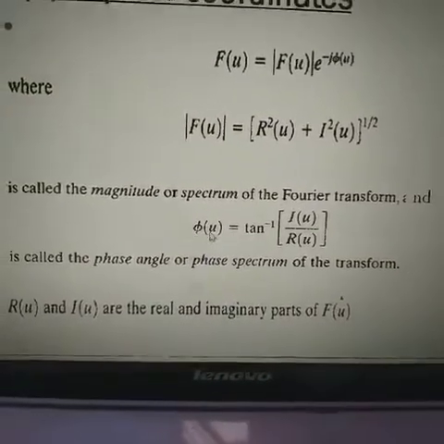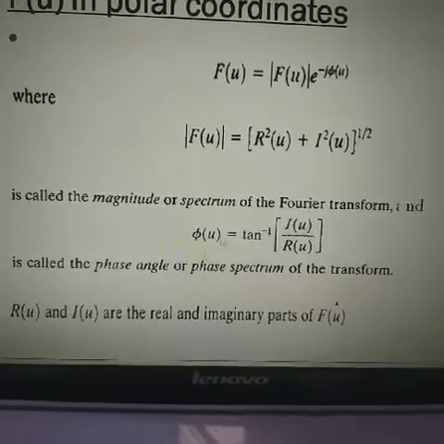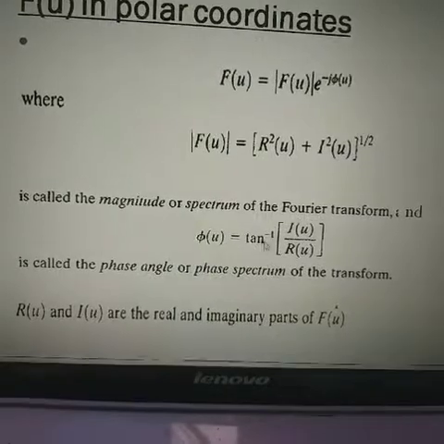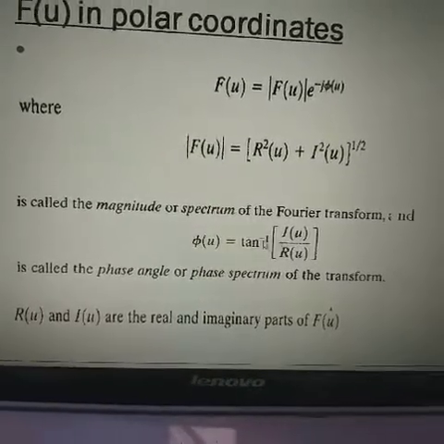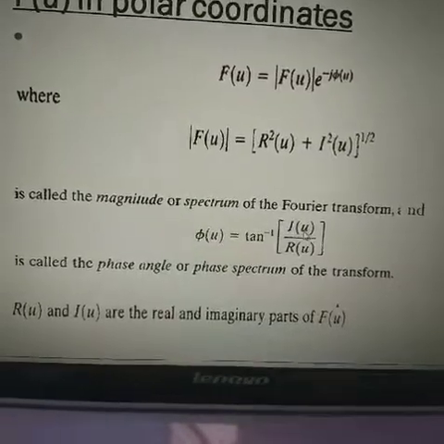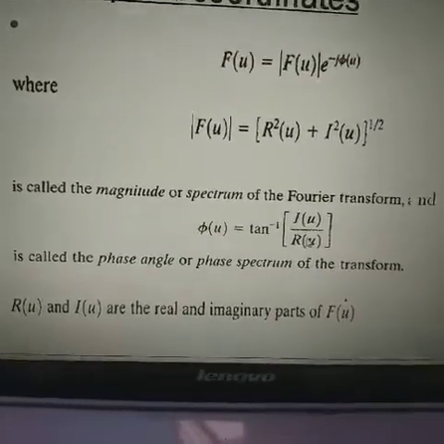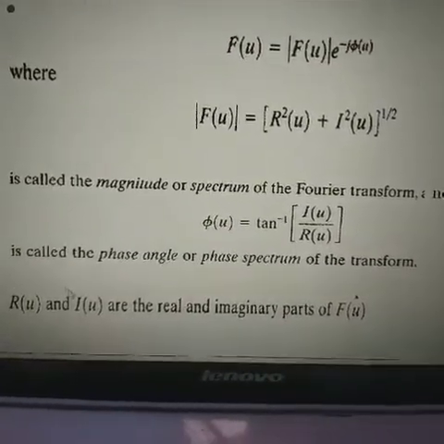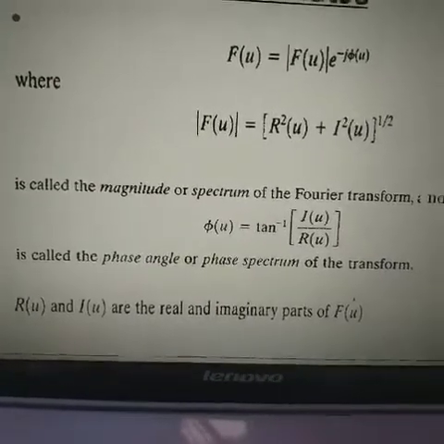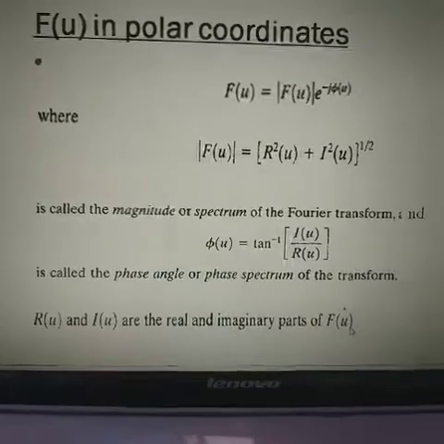And phi(u) is the phase angle or the phase spectrum, which equals tan inverse of the imaginary part divided by the real part of the u variable. So R(u) and I(u) are the real and the imaginary parts of the Fourier transformation of a single variable.